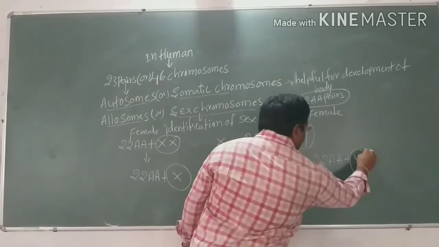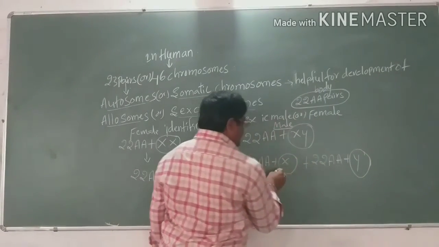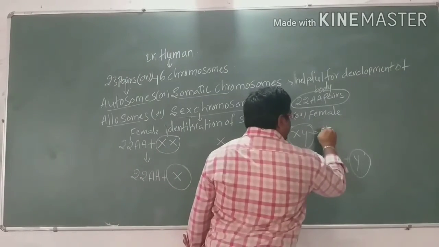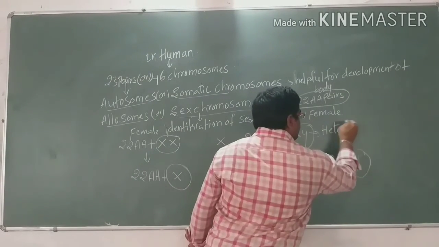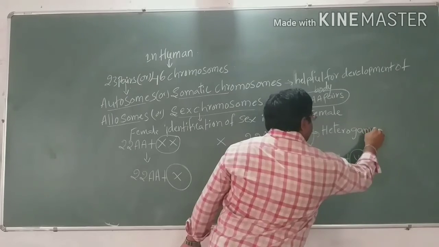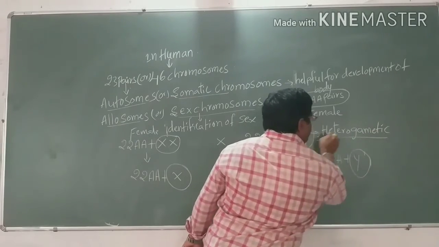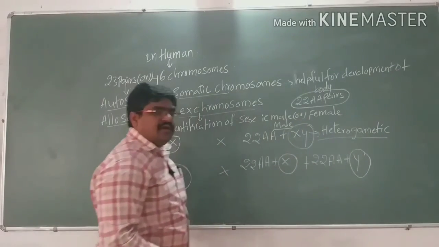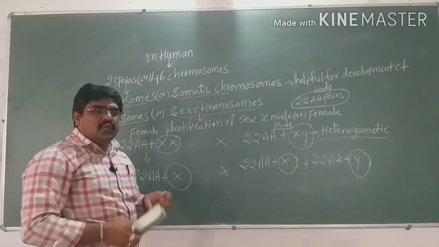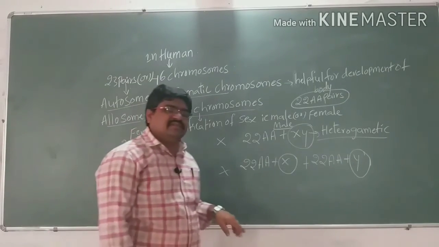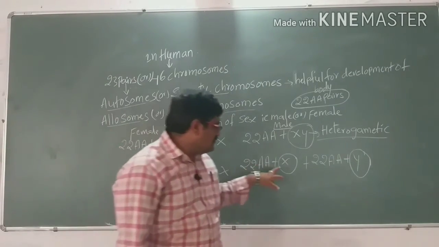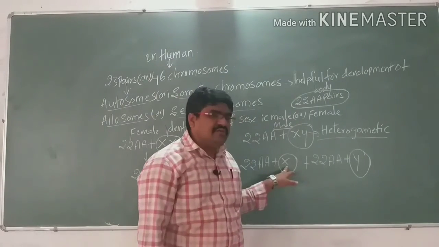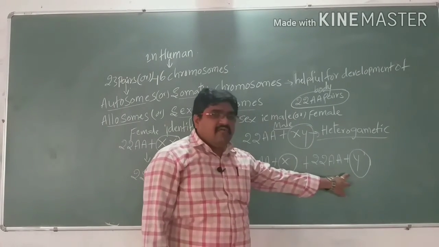Here it shows that the male is heterogametic, or heterozygous. That means the male consists of two different chromosomes: one is the X chromosome and the second one is the Y chromosome.